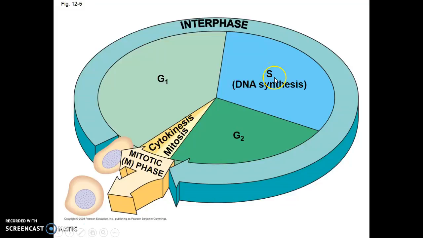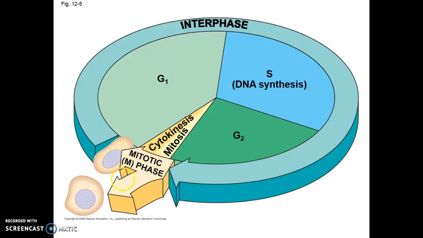S phase copies the chromosomes. Then after the copying, it prepares to go to G2. After G2, the cell grows more, and prepares itself for division of the cell.